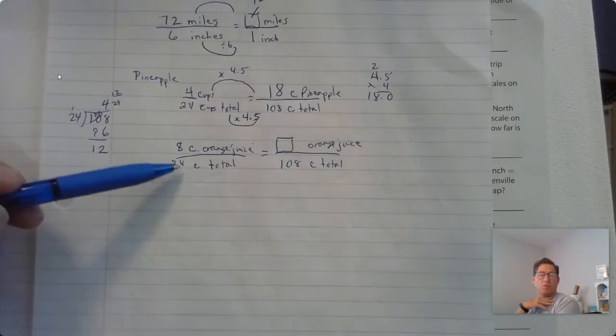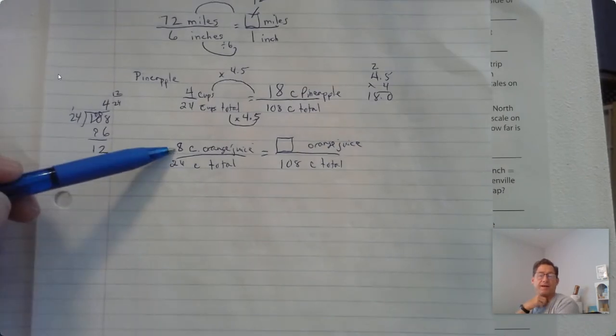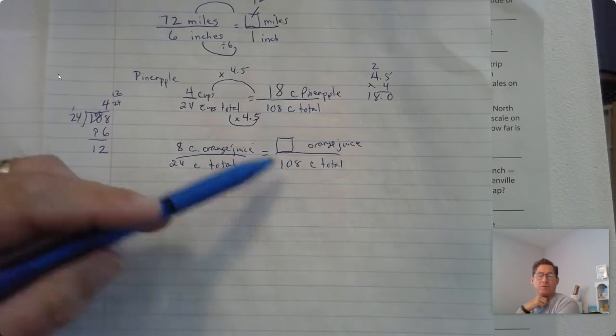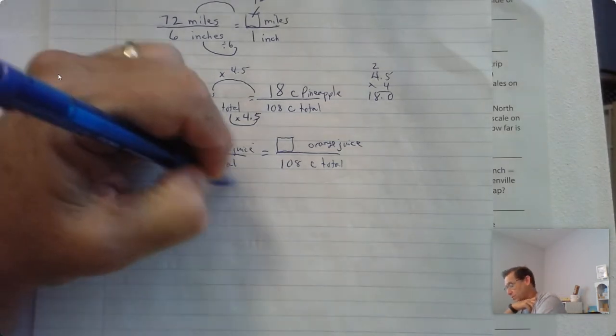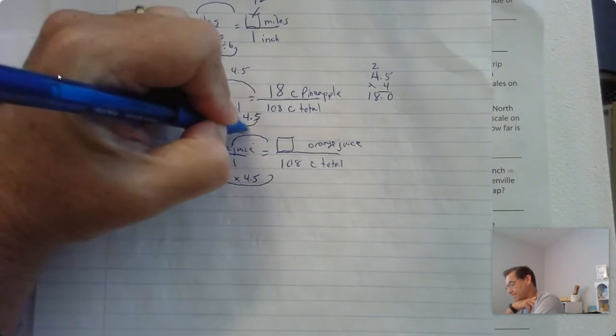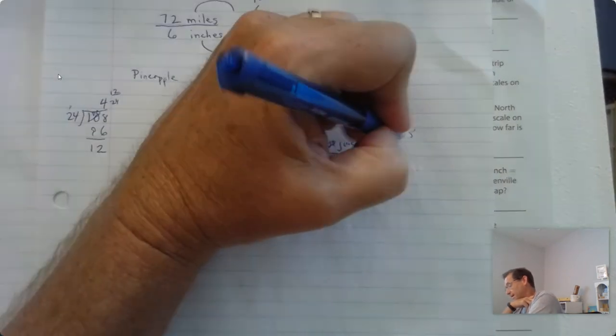So our ratio here is 8 cups of orange juice to 24 cups total. So again, if we're going from 24 to 108, we're going to multiply by 4.5. So 4.5 times 8 is 36 cups.